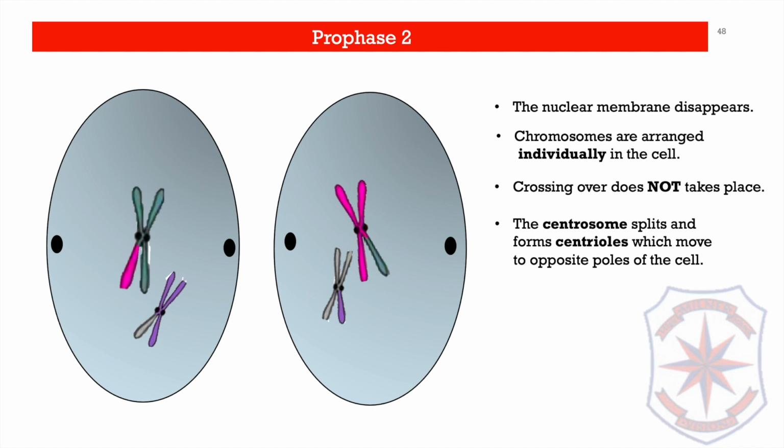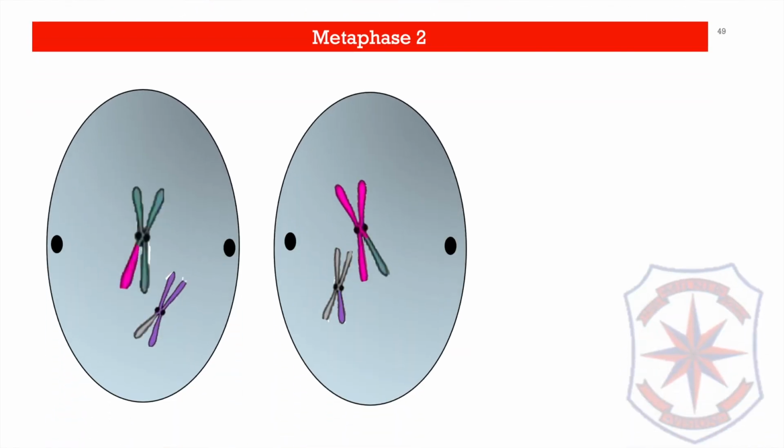From there, okay, now in metaphase 2, we start with where we left off with prophase 2. Okay, guys, the chromosomes are individual.